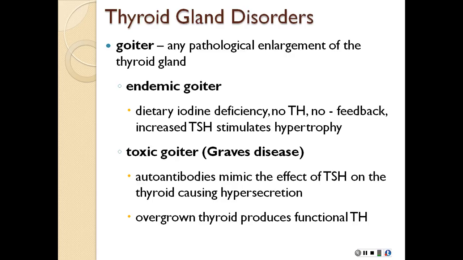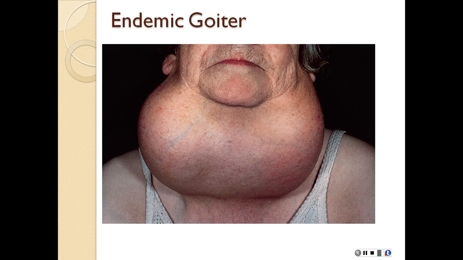Remember, the hypothalamus is detecting whether there's enough thyroid hormone, and if not, the hypothalamus tells the pituitary gland to release TSH. And TSH is stimulating the thyroid gland, but it's not able to make thyroid hormone, so the levels of thyroid hormone stay very low.